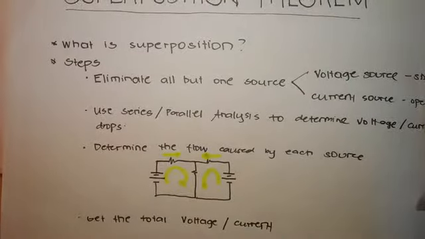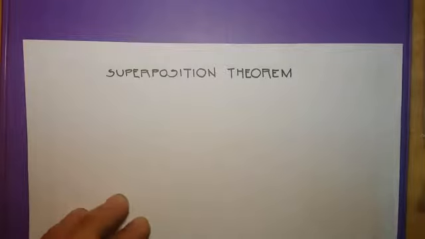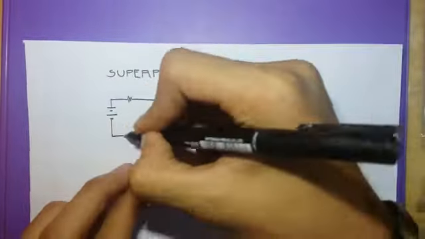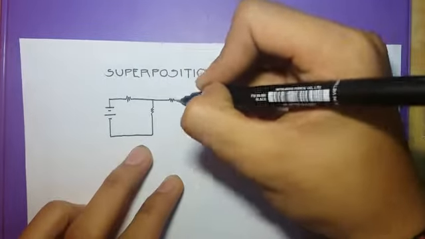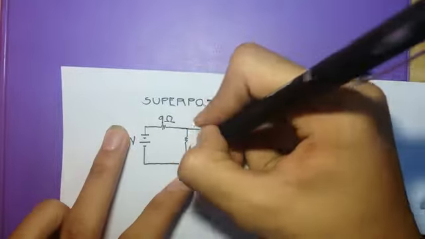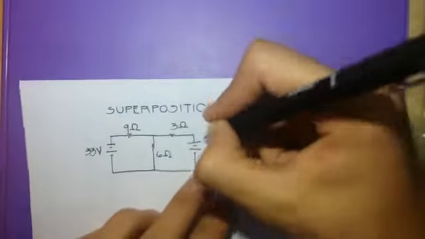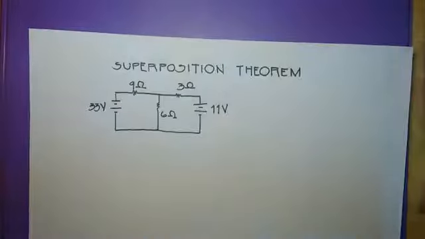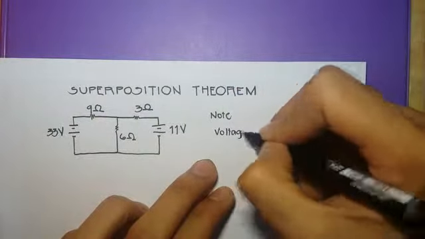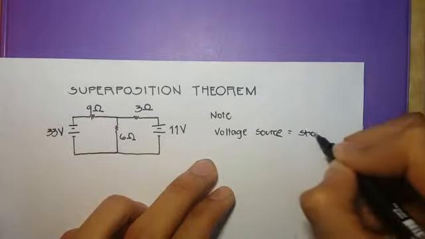Take an example on how superposition theorem works. So let's take the circuit. Okay, in this problem we are asked to find the amount of voltage flowing in the 6 ohm resistor. So before we begin, as I have said earlier, all voltage sources are shorted while the current ones are open.